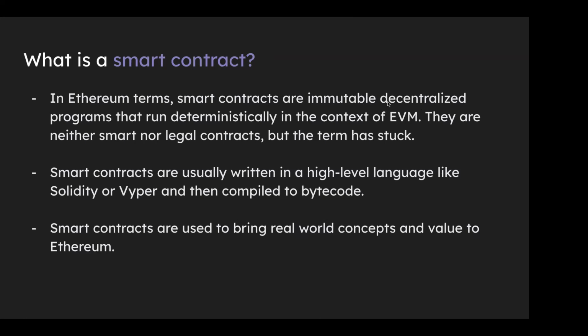Secondly, smart contracts are decentralized because Ethereum is a decentralized network. Then everything that is on top of Ethereum will also be decentralized. Programs, because you can program smart contracts, and because the Ethereum virtual machine is Turing complete, it means that you can do pretty much whatever you want.